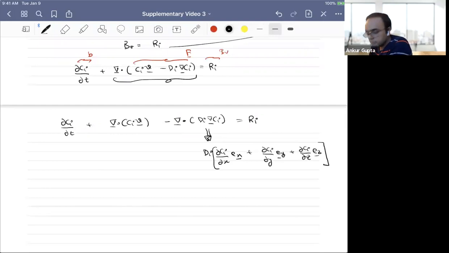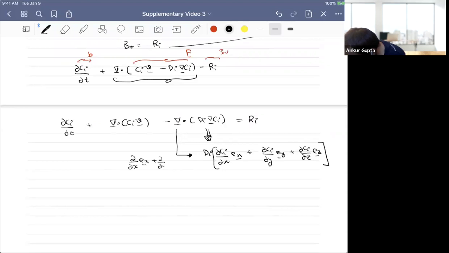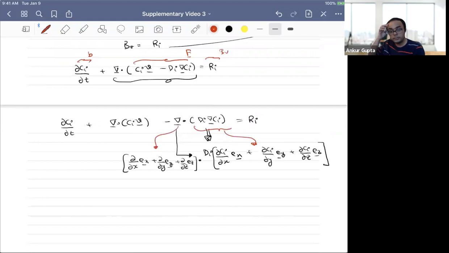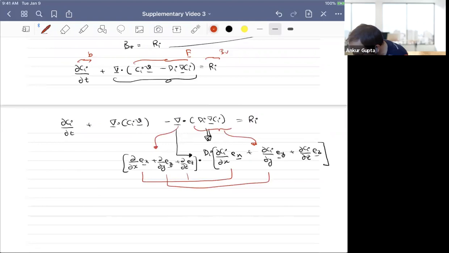So you can imagine that I'm doing another dot product here with the gradient, and this gradient operator is, as we have discussed before, del by del x ex plus del by del y ey plus del by del z ez, right? And we are taking a dot product with this. Okay, so again, just to recap, this is this expression here, and this is here. So when you take a dot product, you multiply this term by this term, this term by this term, and this term by this term.